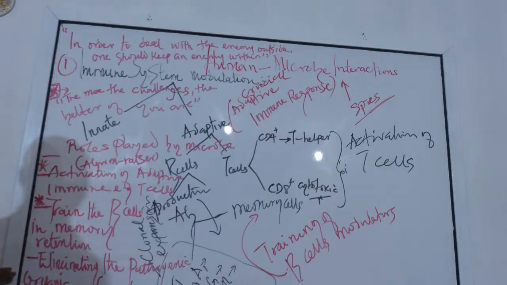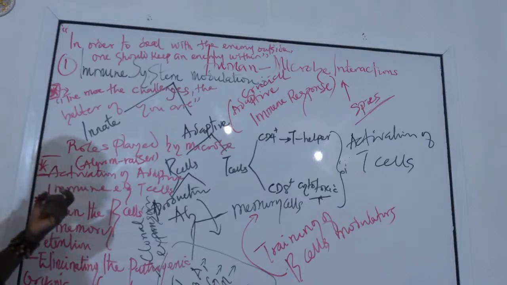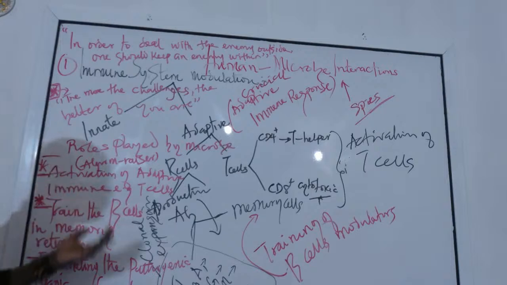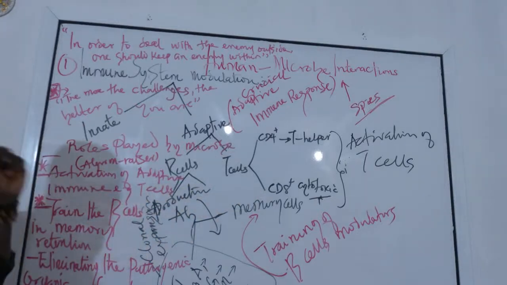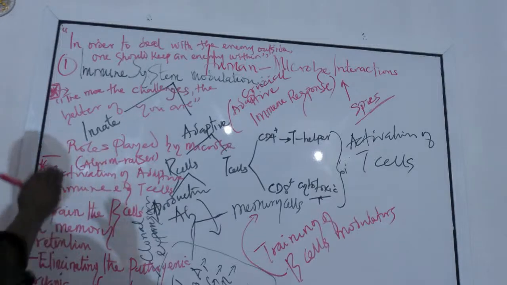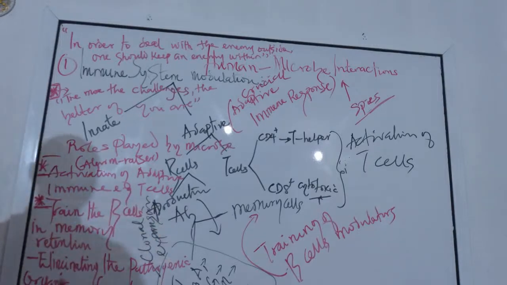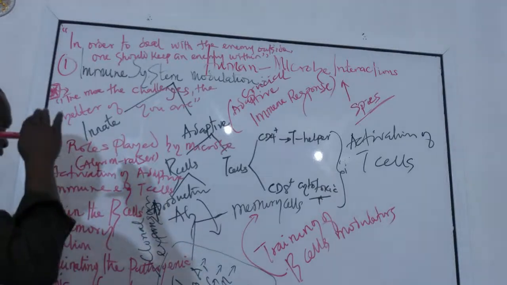Naturally, they are alarm raisers because they perform the role of activating the adaptive arm of the immune system. By alerting the T cells, the cellular immune response, they will get them prepared. They will activate them. They will raise the alarm.